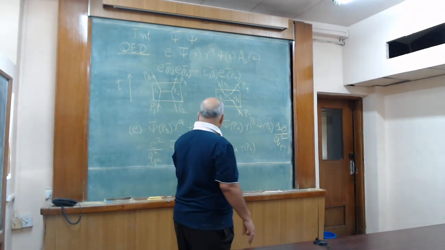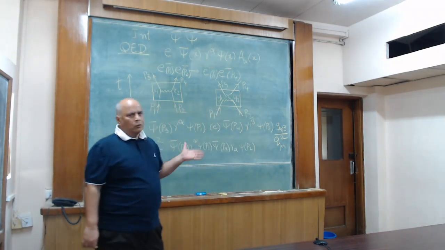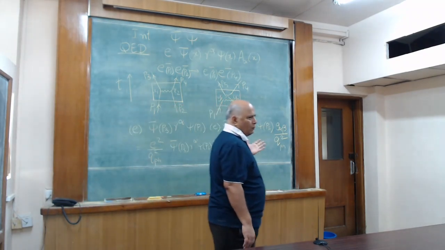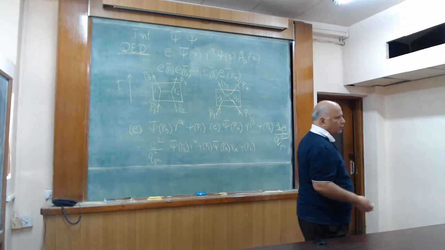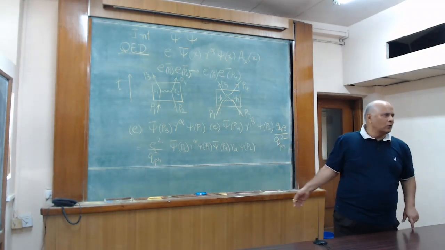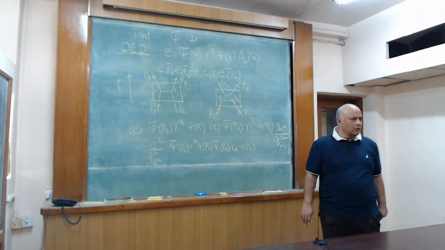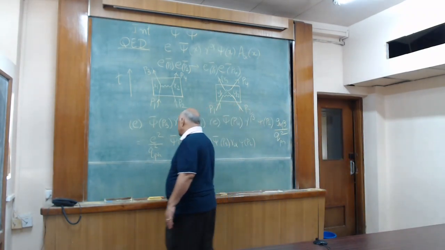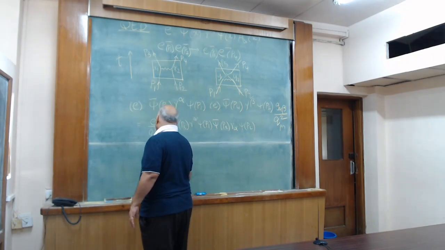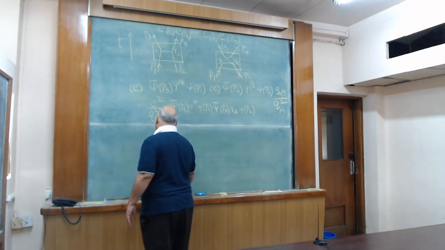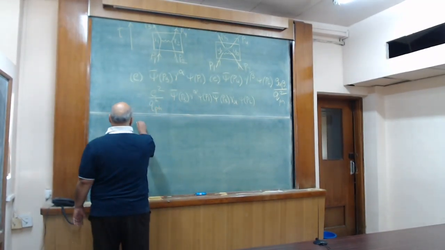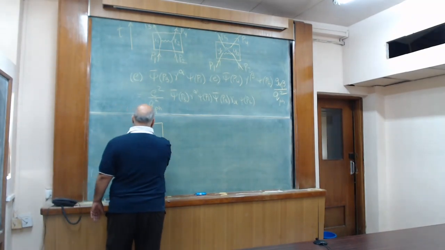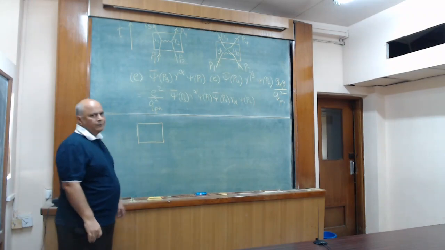So this is how a QED amplitude looks, and Fermi of course wanted a theory which satisfies all the rules of quantum field theory. So he wrote down the following interaction Hamiltonian.